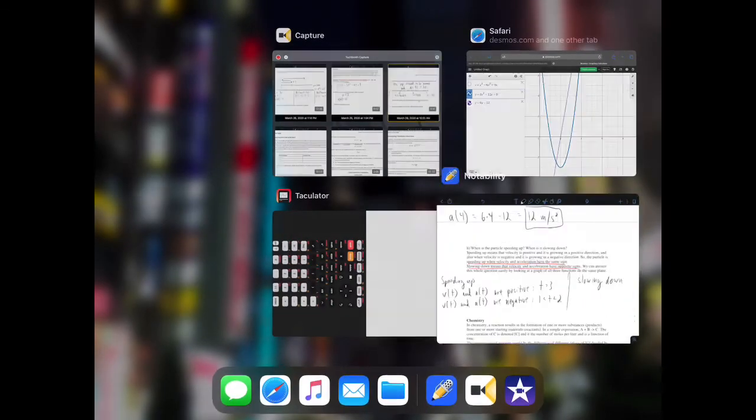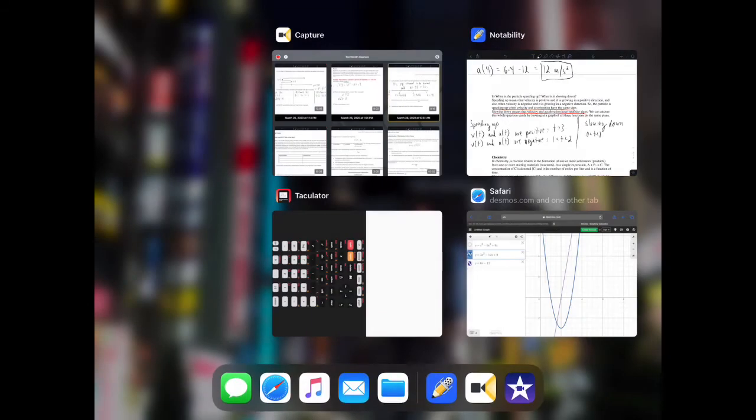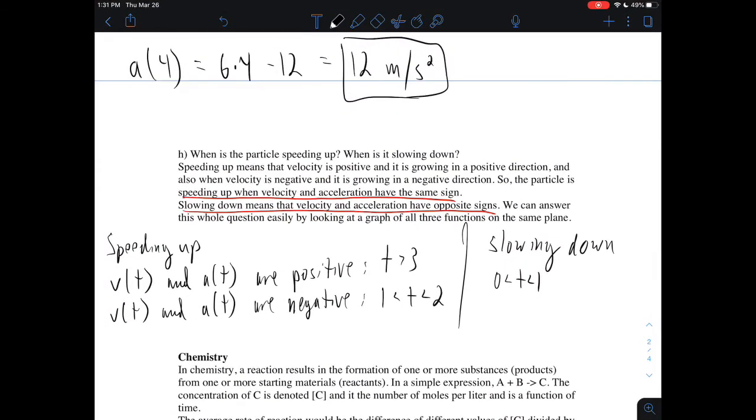So that's one instance. And then also, the acceleration function is positive after 2 seconds, but the velocity function is still negative between 2 and 3 seconds. So they have opposite signs between 2 and 3 seconds.